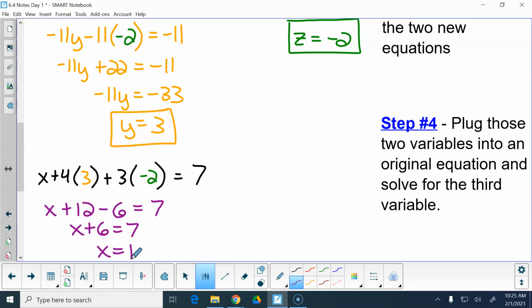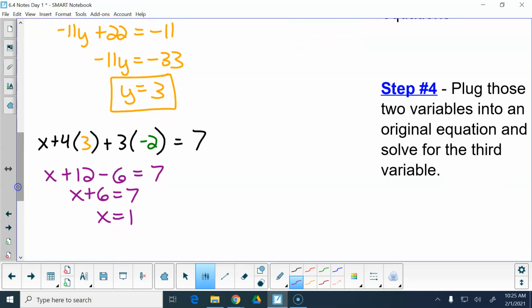Okay? So now, we've done all that work, right? What should we do? We got 2 things to do yet. We got to check it, and then how are we going to write our possible answer?